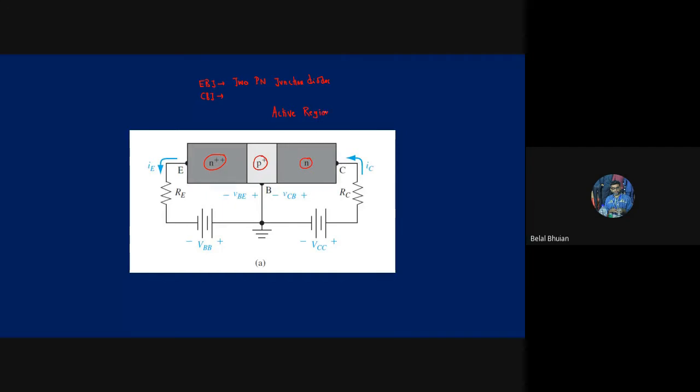How is that? You see, this is our emitter-base junction, this PN junction EBJ.